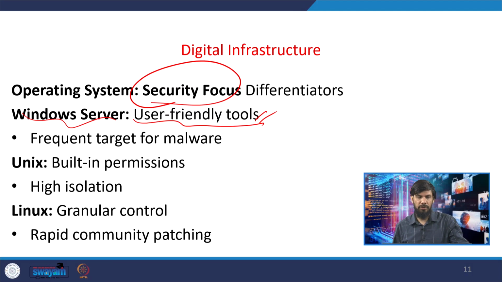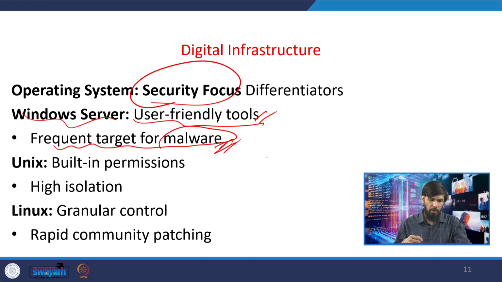in this case the Windows Server operating system. So it also becomes a frequent target for malware, because there are more chances that a machine is likely to run a Windows operating system or Windows Server, and therefore if attackers develop a malware, they will find more places to attack, more computers to attack with what they have come up with, right.